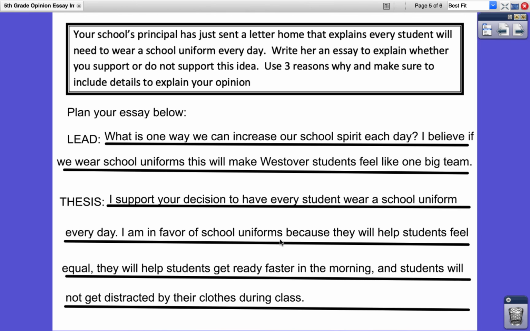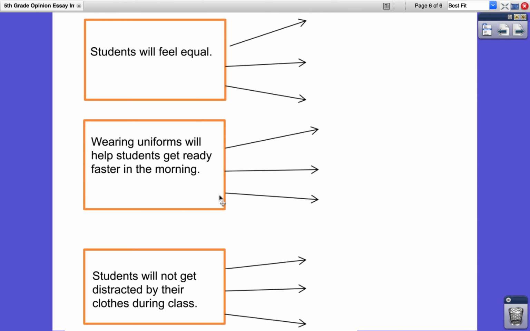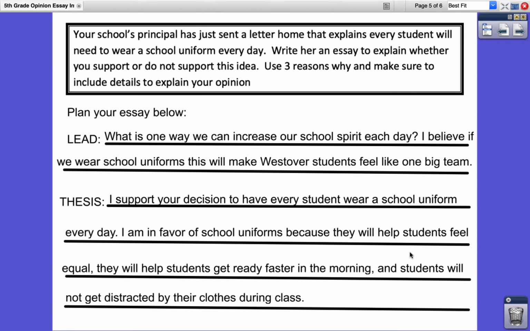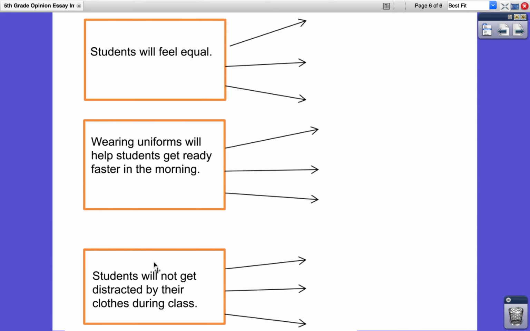My second idea that students can get ready faster in the morning goes in the second box here. And then my third reason, students will not get distracted during class if everyone's wearing the same thing. I put that in here. So you might have to do some research, if you're for or against uniforms. I'll also see if I can find some articles.